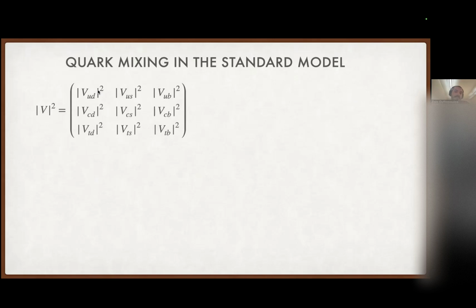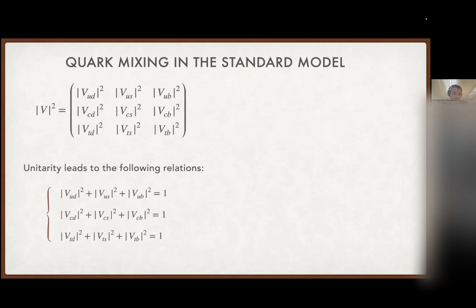I think this is the best way to explain what we have to explain because the squares of these elements enter the beta functions of the Yukawa couplings, and also because unitarity, the demand that this CKM matrix is unitary, can be expressed in a very easy way, simply by summing all the elements of each row, and then each row will sum to 1, and of course each column will also sum to 1.